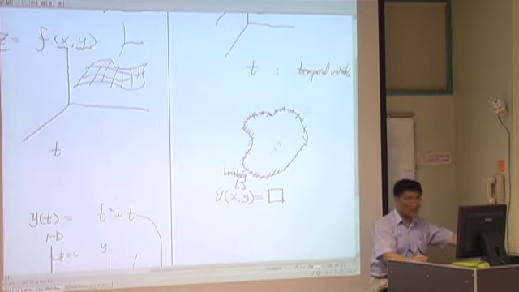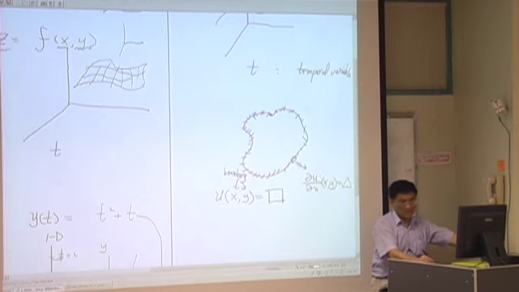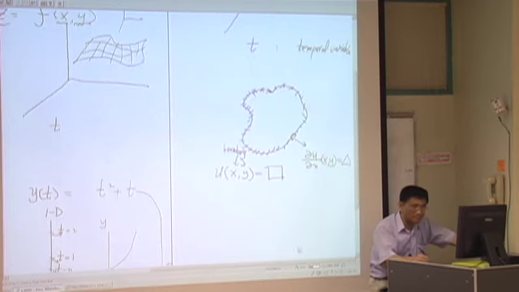Then it's the Dirichlet problem. But assume that we have a mixture of this, and at some other point, for instance at this point, we don't know the value, but we know the outer normal derivative. Then we say it's the Neumann problem. I may not go into this part, but theoretically knowing this might be helpful, because later we will use the finite element method with this kind of thing.